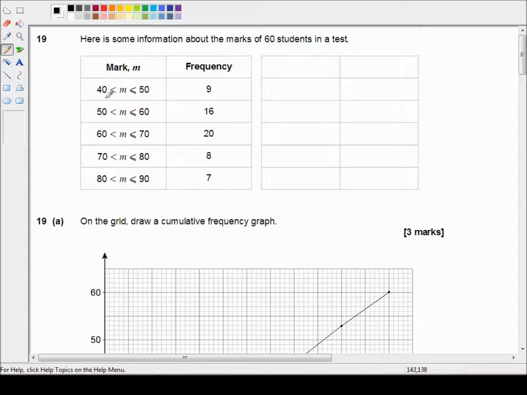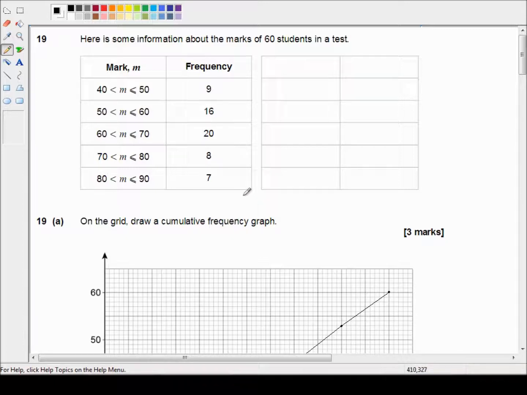There are 9 students that scored between 40 and 50, 16 students scored between 50 and 60, 20 students scored between 60 and 70, 8 students scored between 70 and 80, and 7 students scored between 80 and 90. On the grid, draw a cumulative frequency graph for 3 marks.